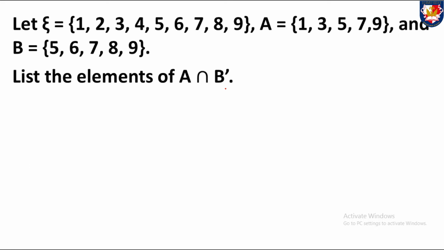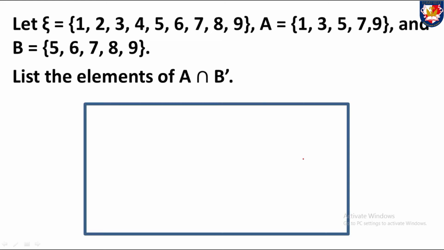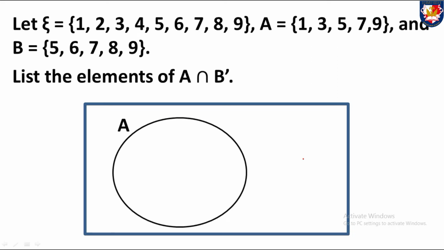There is another way to find the elements of A intersection B complement, which is by Venn diagram. In order to find it, let's represent set A and set B in a Venn diagram. First step, you draw a rectangle as the universal set and draw the region of set A. Next, before we draw the region of set B, we have to know if there is any common element between A and B. Yes, there is.